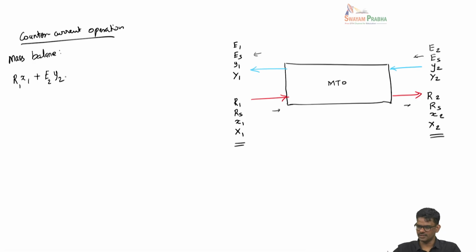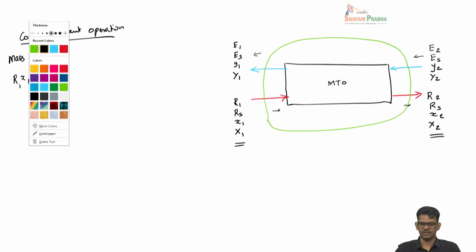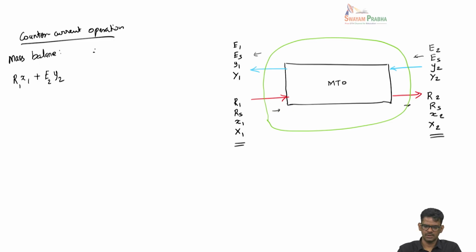Let me also draw this. Okay, so this is the control volume that I'm writing the mass balance for. And this must be equal to whatever the stream that is leaving, that is R2 x2 plus E1 y1.